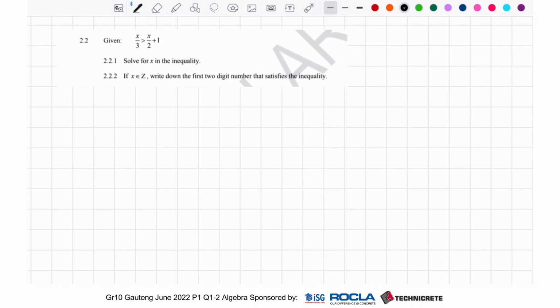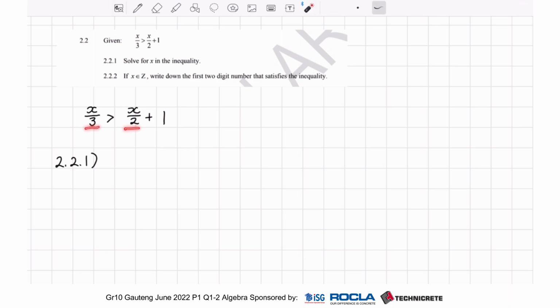In the next part, 2.2, I'm given this inequality. For the first part, 2.2.1, I'm asked to solve for x. Okay, so the first thing that I see is that I've got fractions, and I want to get rid of the fractions.